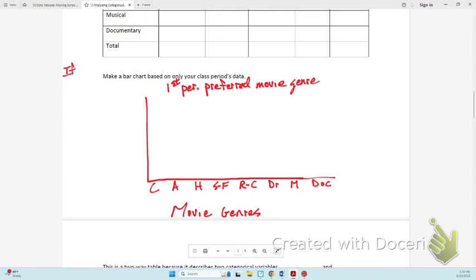On the left axis there, let me make a note. If not comparing groups, you can use frequency or relative frequency in a bar chart.